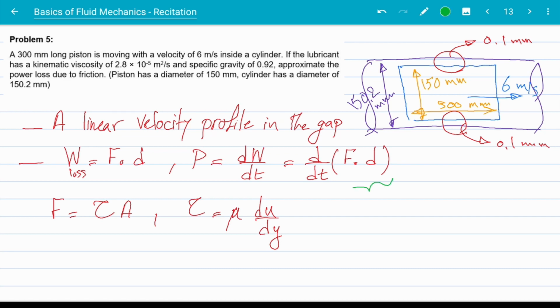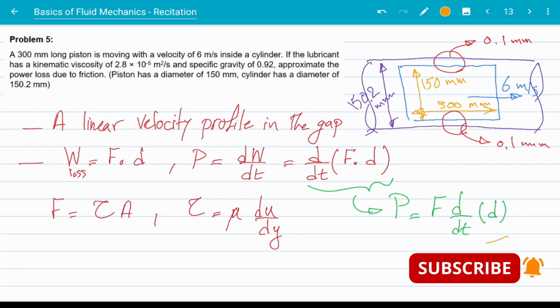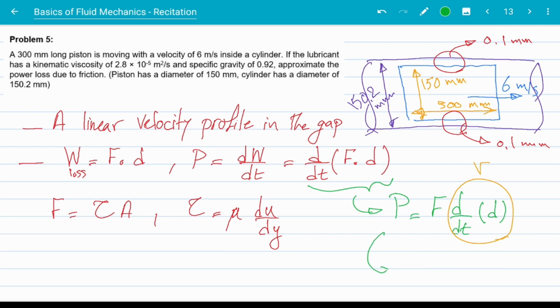As a result, in this term, I can take F out of the derivative. So I will end up with P, power, is F times d/dt of the distance that the piston is moving. Now, d/dt of the distance that the piston is moving is the definition of the velocity of the piston, meaning that P, power loss due to friction, is F times V.